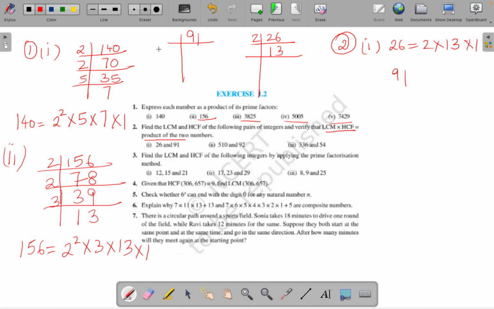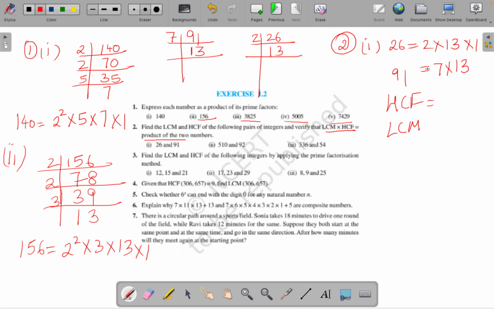Similarly 91, let's do for 91, you know the factors. 7 1s are 7, right? So 7 13s are 91, so this is 7 into 13. So now let's check what the HCF as well as the LCM are.